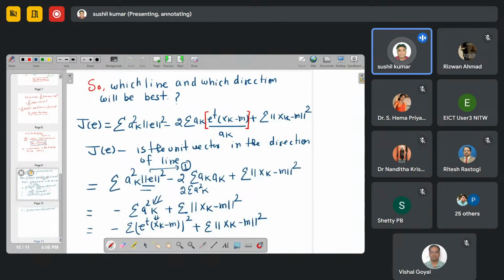This is the equation we are having here: minus (e transpose (xk minus m)) whole square plus (xk minus m) whole square.